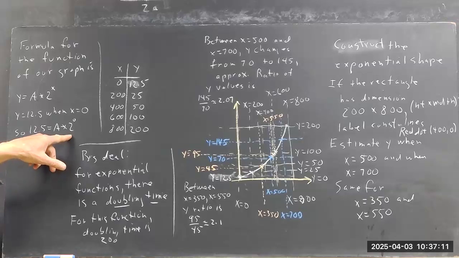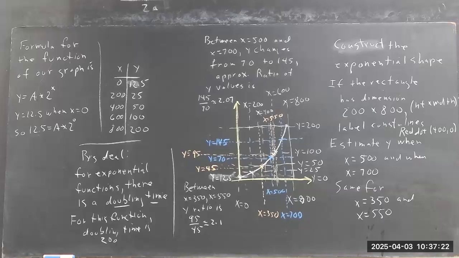And some people thought 2 to the 0 was 0, despite the fact that we've shown many times that it isn't. Okay. And that's not an unusual mistake. It's one that says terrible things about the way algebra was taught in K through 12. Okay.